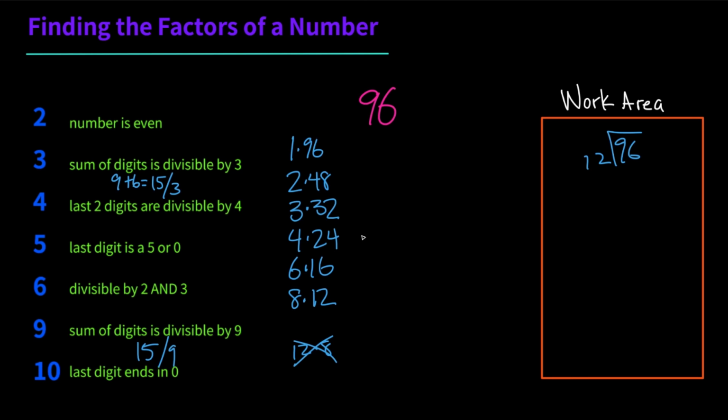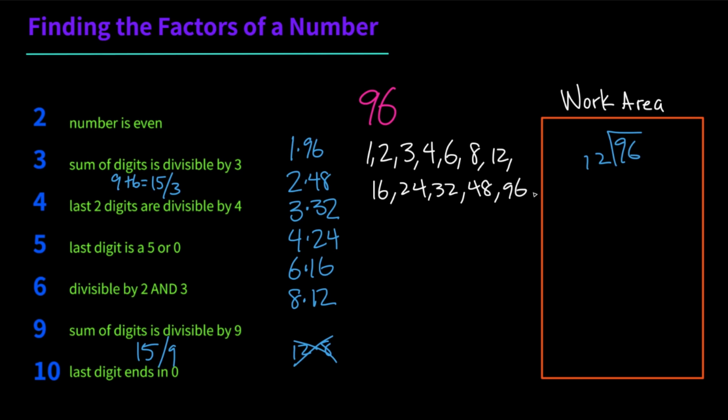Now we just need to list them. The factors of 96 are 1, 2, 3, 4, 6, 8, 12, 16, 24, 32, 48, and 96.